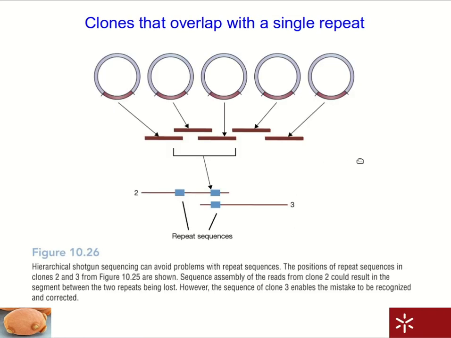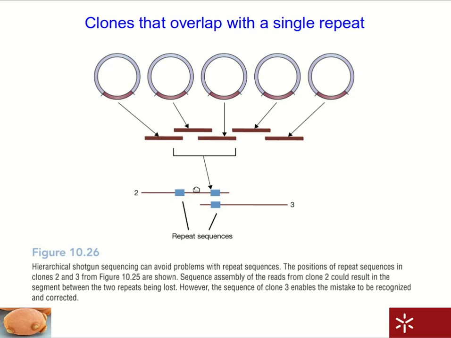So how will the hierarchical approach help with the problem of repeated sequences? Well, this is simply if the insert size in the BAC library, in this case the library with the large fragments, is large enough to contain 2 of the repeats. This means that there will for sure be another clone in the library that has only 1 of the repeats, for instance.